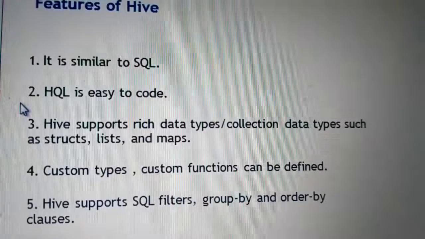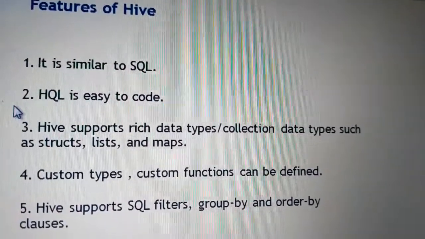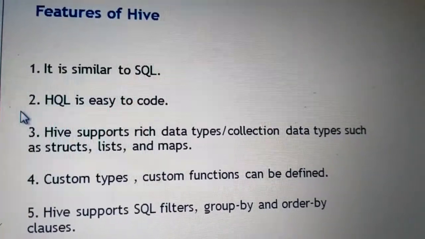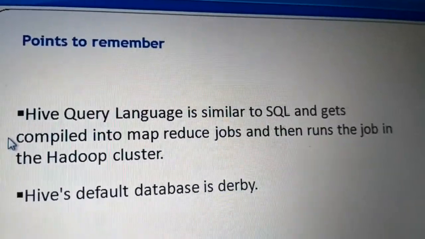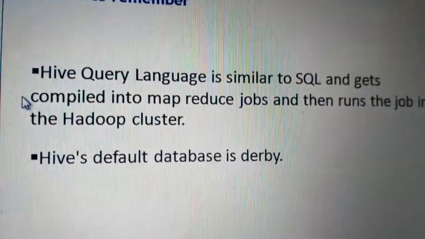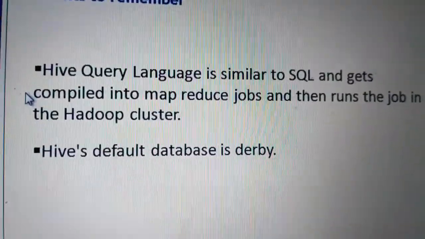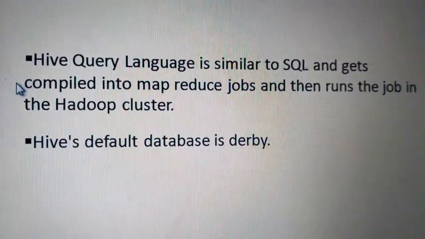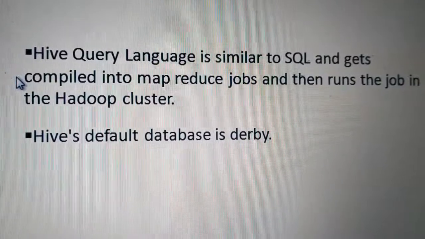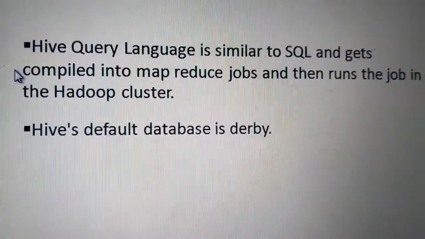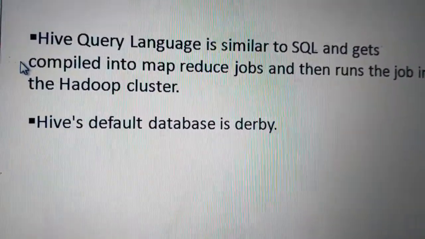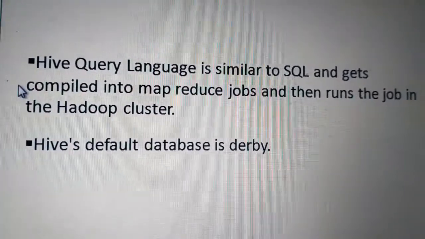Group by is used for grouping the data, and order by is for ordering or arranging in ascending or descending order. Hive query language is similar to SQL, and it gets compiled into MapReduce jobs and then runs the jobs in the Hadoop cluster. Hive's default database is Derby.